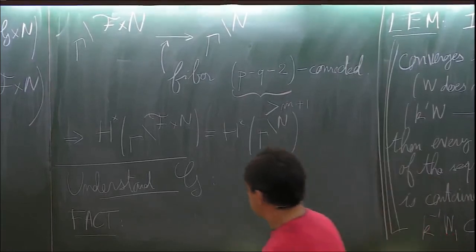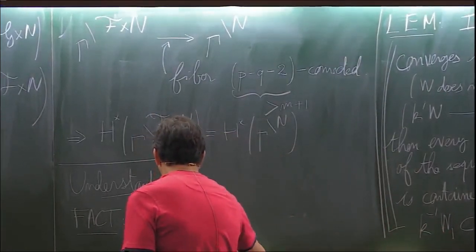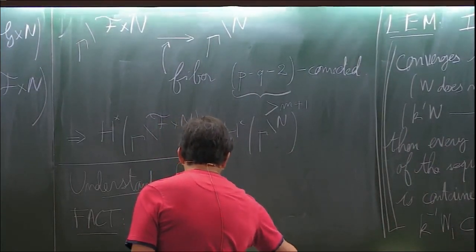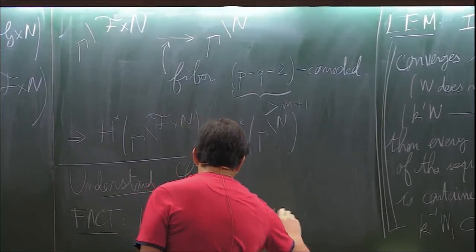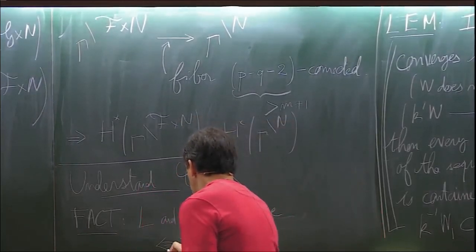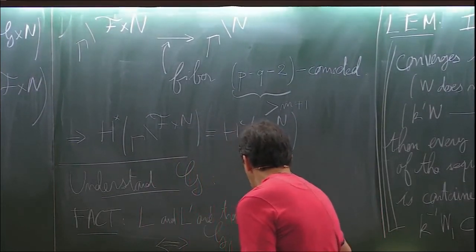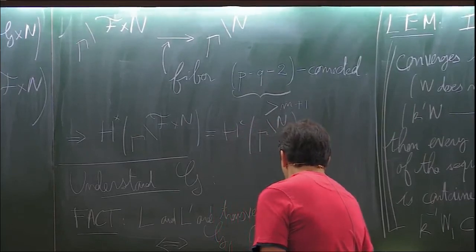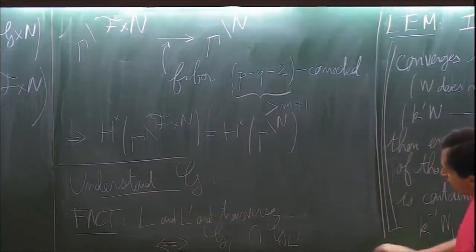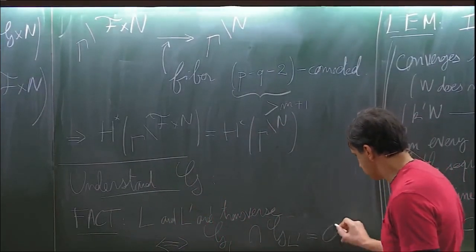And the fact is that two lines are transverse if and only if the sets g of l and g of l prime, which are just two subsets of the Grassmannian of isotropic planes, do not intersect.